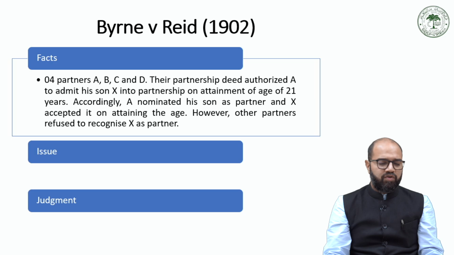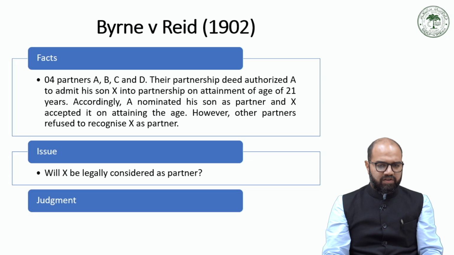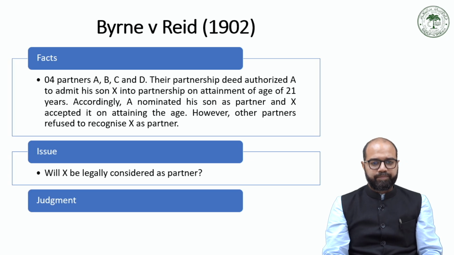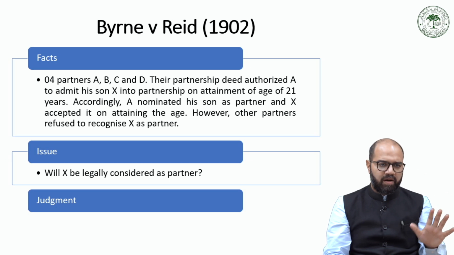So the issue here is whether X will be legally recognized or considered as a partner in the partnership firm. So going back to our discussion on section 31, it provides the thumb rule of unanimity, or the consent of all partners.